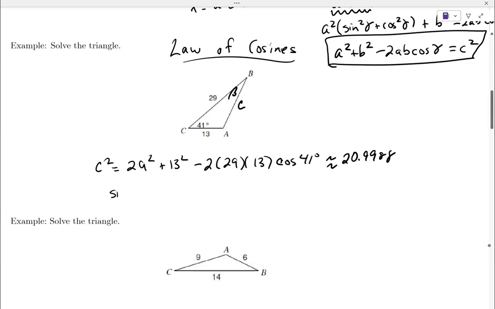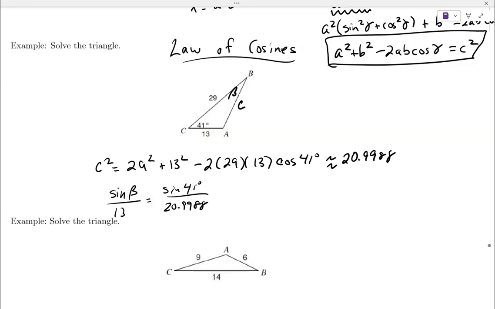Sine of beta over 13 equals sine of 41 over 20.998. Good. And again, to avoid rounding errors, I don't care if you write all your decimals on your paper, but make sure you keep them in the calculator.